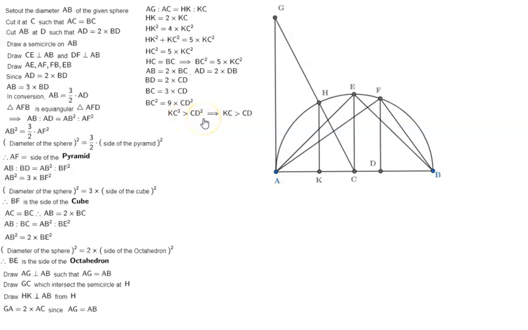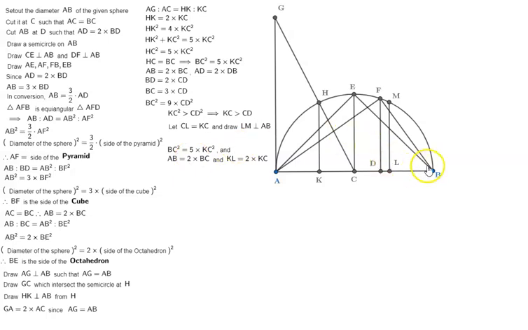So KC square is greater than CD square, which implies KC is greater than CD. Let CL be equal to KC. So let's mark that. CL is equal to KC. And we draw a perpendicular from L to intersect with the semicircle.